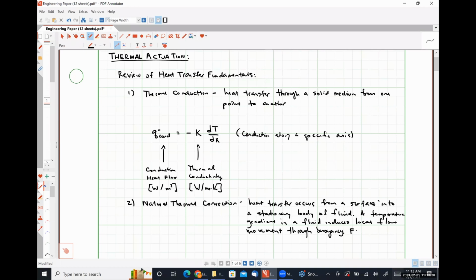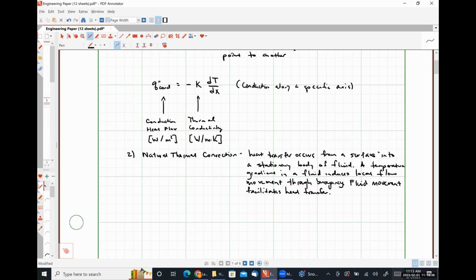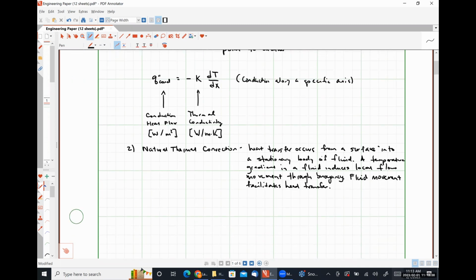The fluid movement is what facilitates the heat transfer. There is a mathematical equation that governs this, but it's the same mathematical equation that governs forced thermal convection, which we're going to talk about next. So I'll introduce the equation once we talk about what that is.